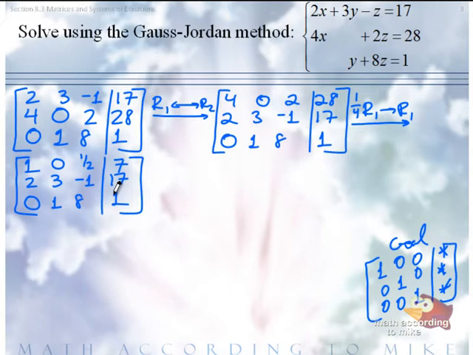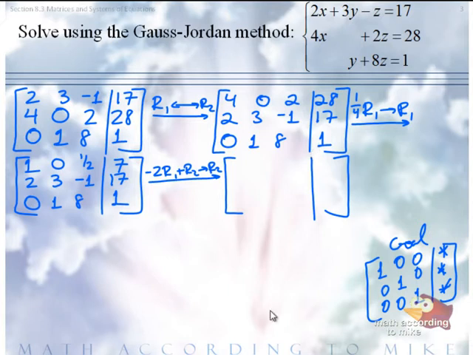What's got to go next? How are we going to make the 2 into a 0? Very good. Let's decide what is -2 times row 1.